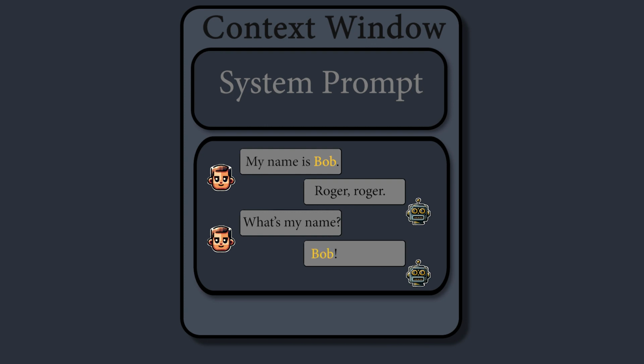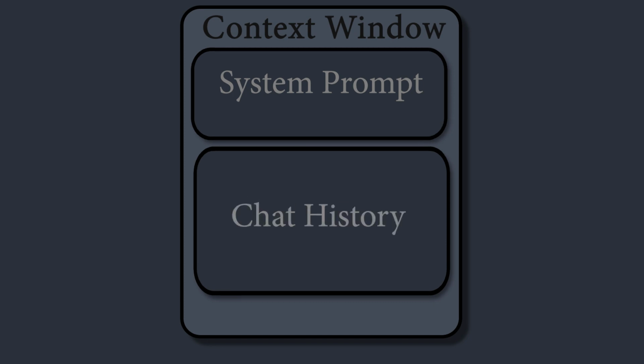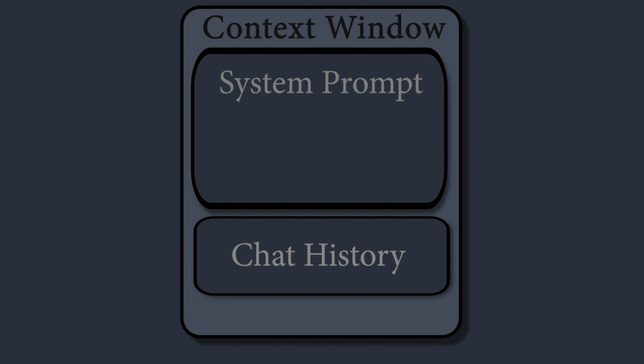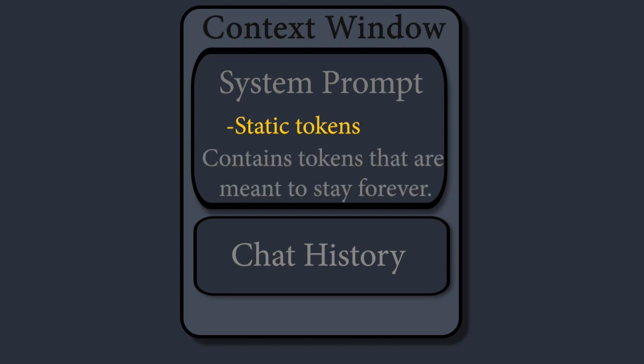Speaking of which, let's go ahead and dive into what a system prompt actually is. A system prompt is a special area within the context window that has completely static tokens. This means that no information can be added or removed from the system prompt after the conversation has begun for that instance.